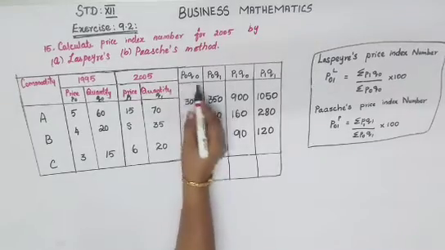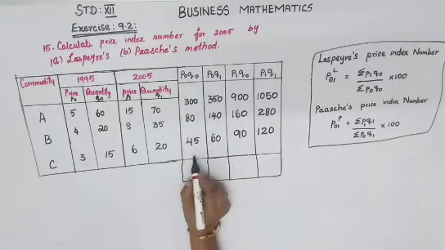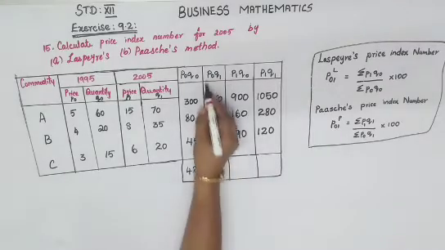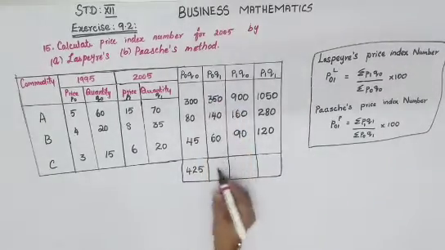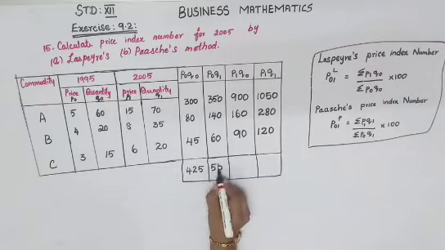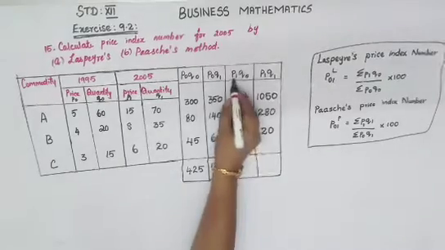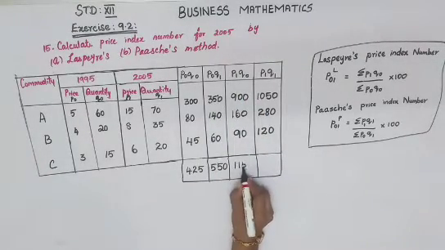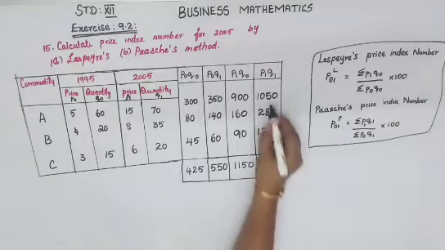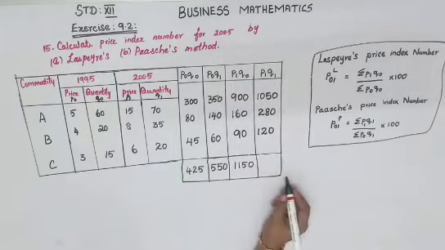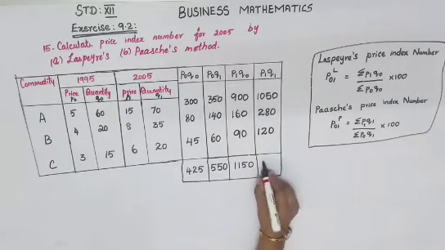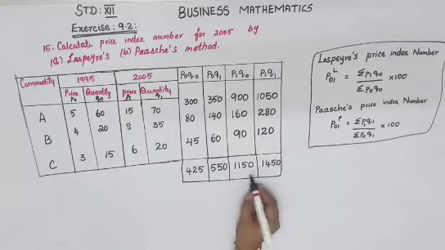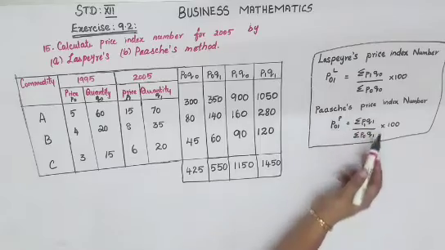Sigma P0 Q0, adding all three numbers, you'll get 425. Sigma P0 Q1, you'll get 550. Sigma P1 Q0 is 1150. Sigma P1 Q1 is 1450. Now we have got all four values. Just go for the substitution here.